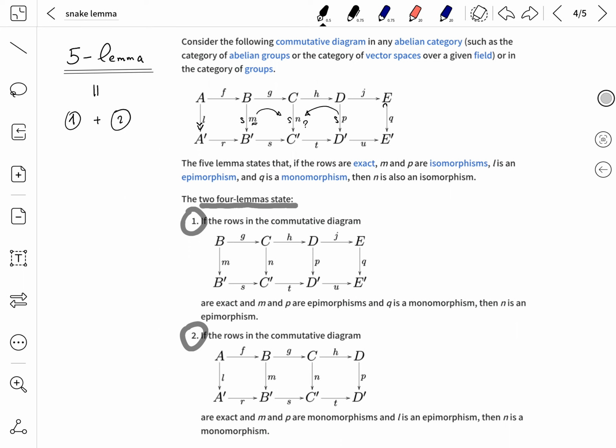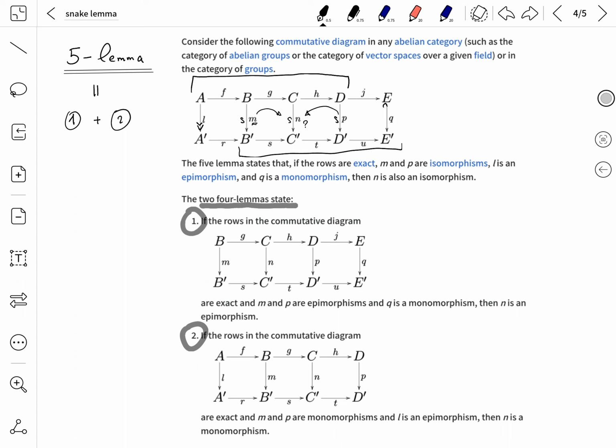Actually, this 5 lemma consists of 2 smaller lemmas. If you like, you can call them 4 lemmas because they have 4 columns. So the first one, basically, just look at this part. And the second one, just look at this part.